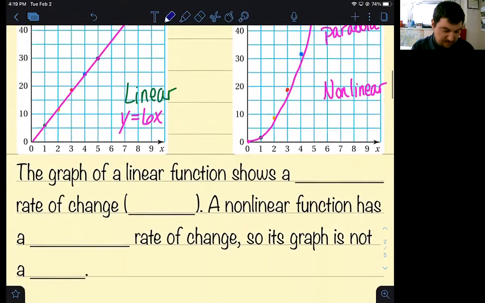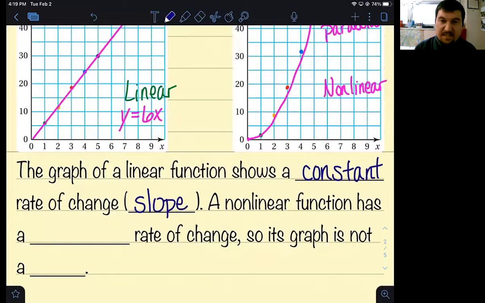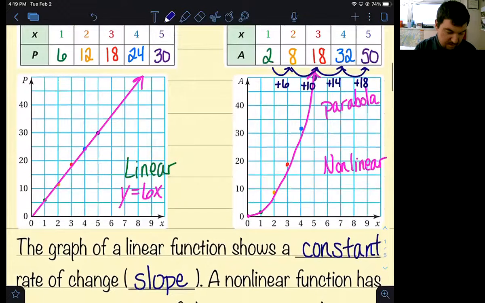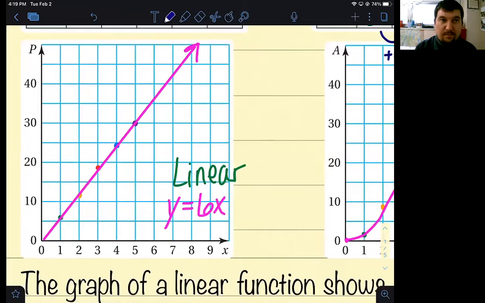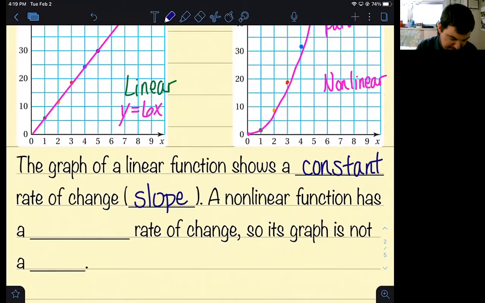Now, here are some definitions for us. It says the graph of a linear function shows a constant rate of change, which rate of change is another way of saying the slope. We know that lines have a constant rate of change. That's why they're straight and they don't curve. But a nonlinear function has a variable rate of change.